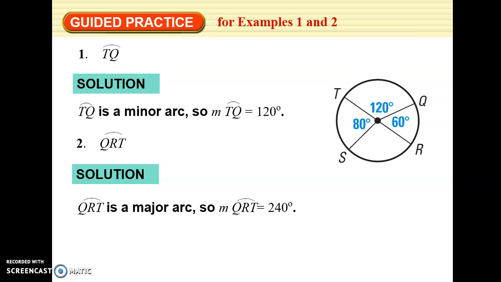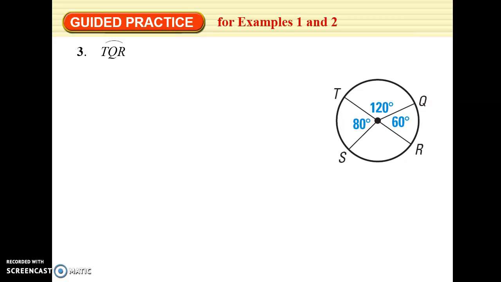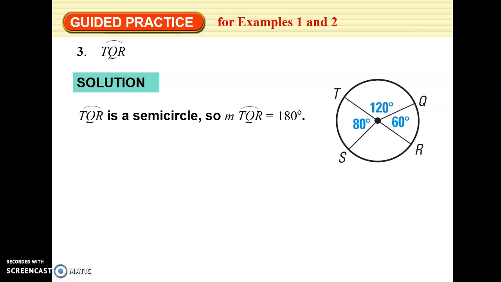And it's a major arc because it's greater than 180. Another is TQR. T, Q, and R. In this situation, we have the values 120 plus 60. We add TQ plus QR. It will get the result that is 120 plus 60. By the way, this is the confirmation that this is a semicircle.